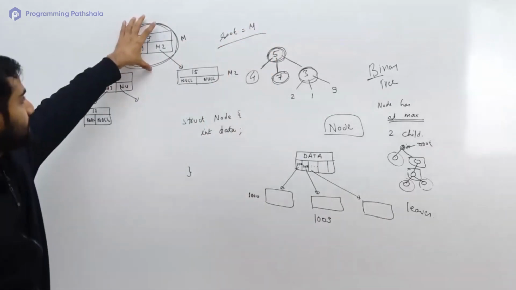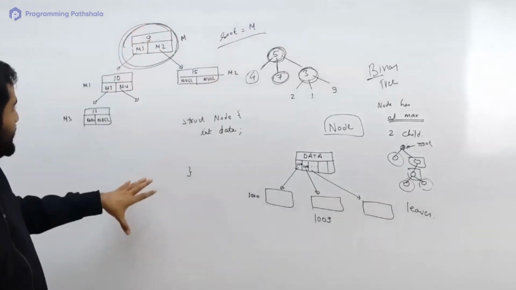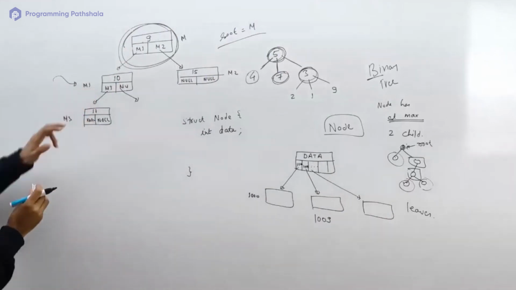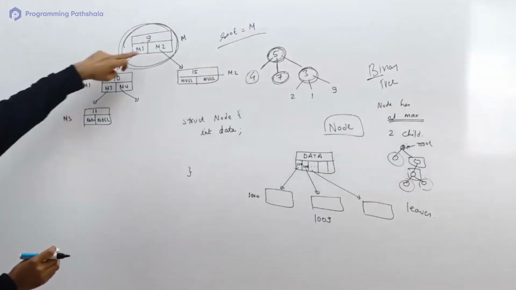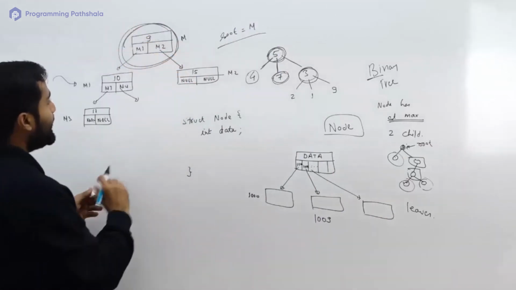Why the address of this needs to be stored in a special variable is because, think of it in this manner. You have a big tree, and if you just have access to M1, there is no way you can go back from M1 to this M. Why? Because these edges that you can see are directed edges.